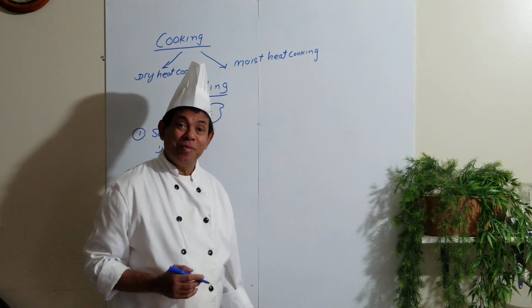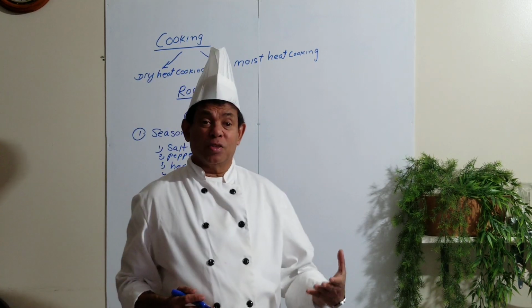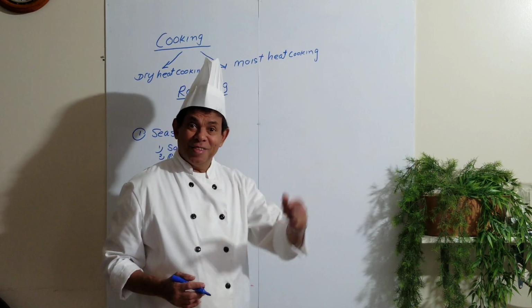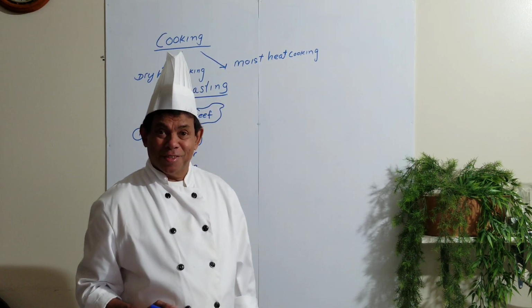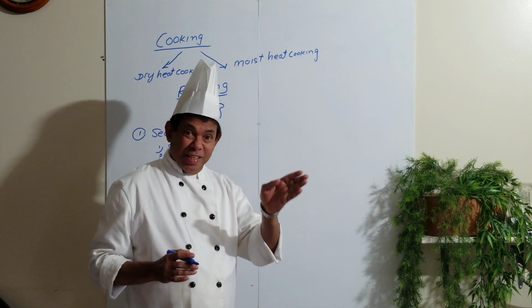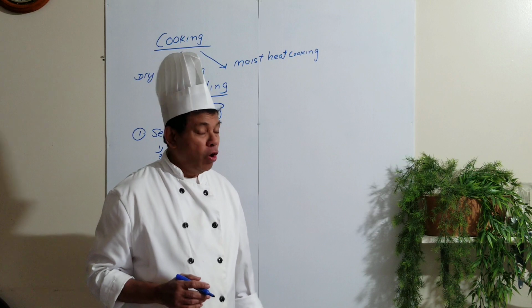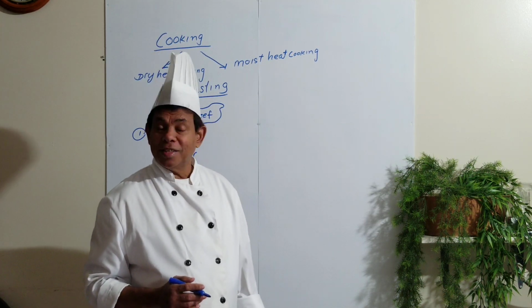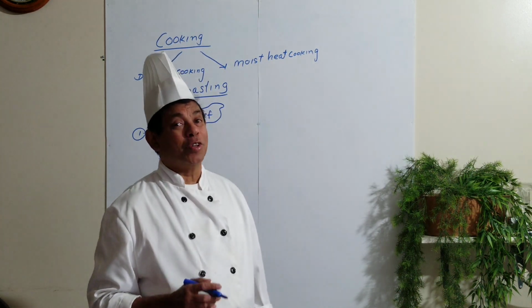If I ask what is mirepoix, our cooks say onion, carrot and celery. Yes, we always use onion, carrot and celery as a mirepoix in hotels and restaurants. The answer is good, but it is not the classical answer for mirepoix.